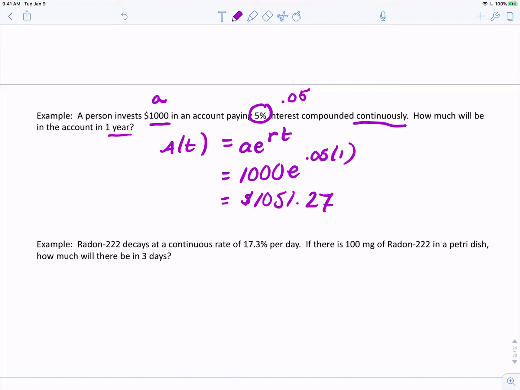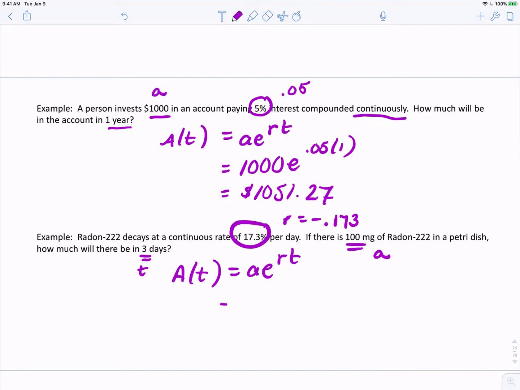And so we have an r value which would be negative. A of t is equal to A e to the rt. For our rate, r is equal to negative 0.173. Our initial amount is 100 milligrams, and our time measured in days is t.